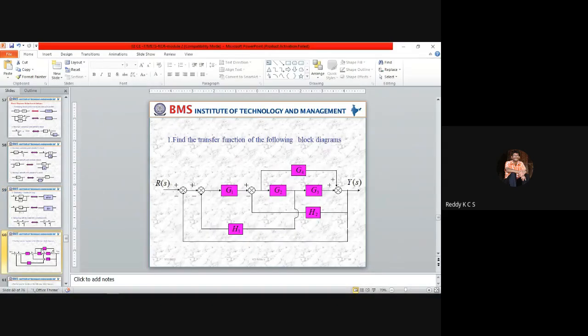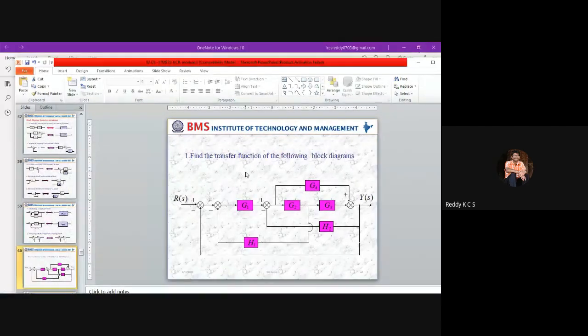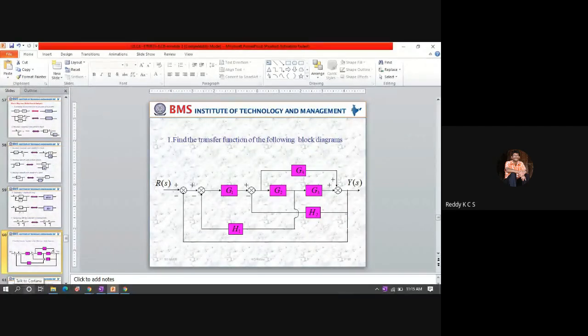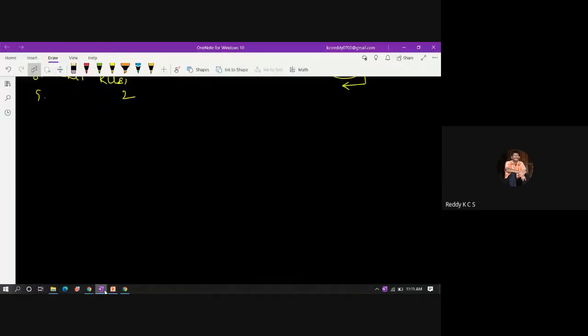Yeah, so we'll take this problem. I'll draw this problem. Anyhow, G1, G2, G3 and G4 like that. First, two summing points are there, summing point 1, summing point 2.